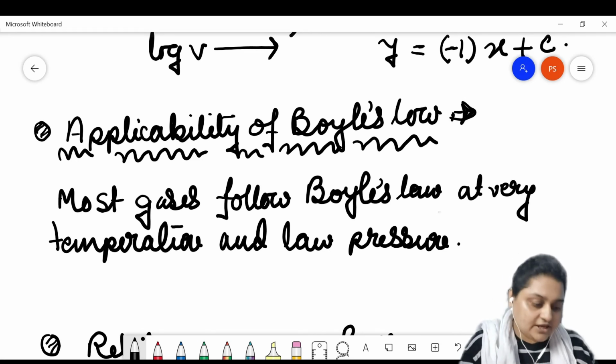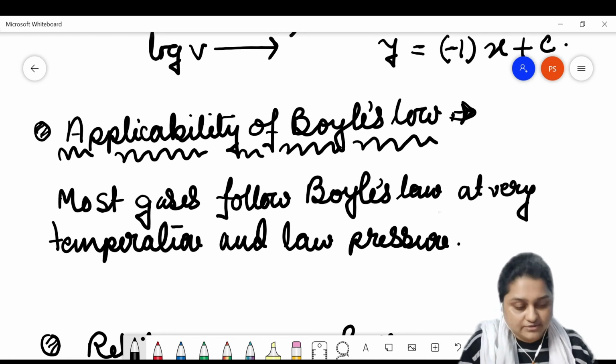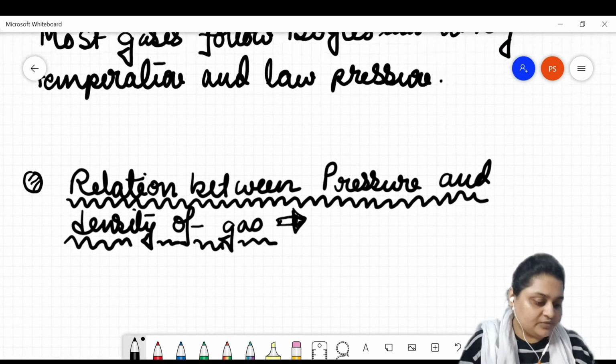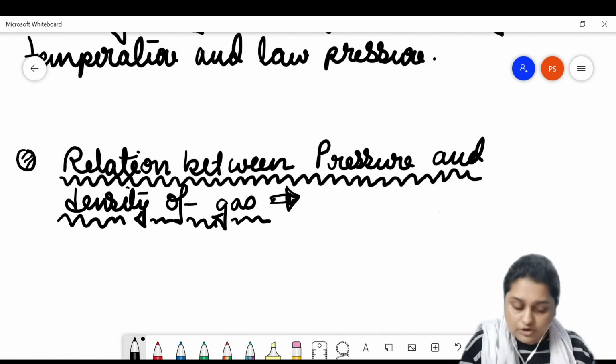But still we need to study Boyle's law because it gives an empirical idea about gaseous substances, how they behave with the help of their physical properties. Now, from Boyle's law, which relates the pressure with the volume, another relation can be extrapolated between the pressure of the gas and the density of the gas. Let's see how.